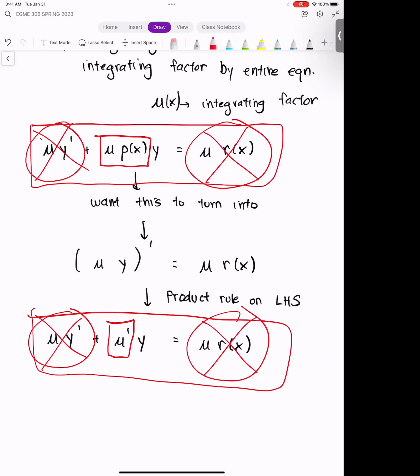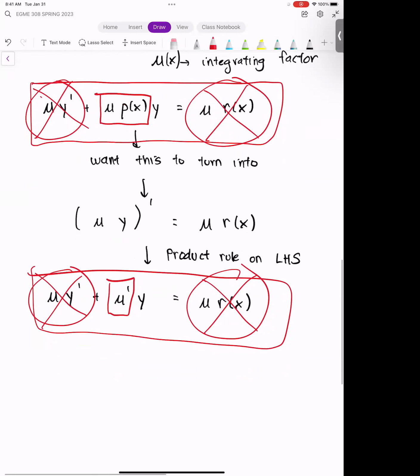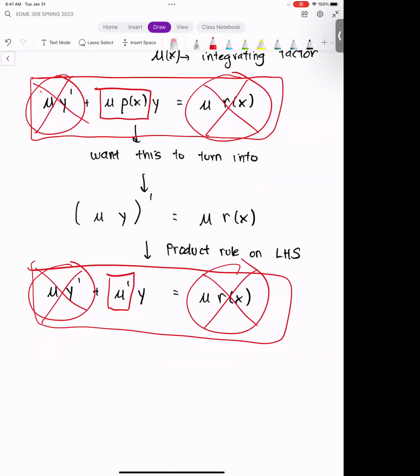And the reason I boxed those two terms is that in order for this integrating factor to work, this gives us a guideline for what mu has to be.